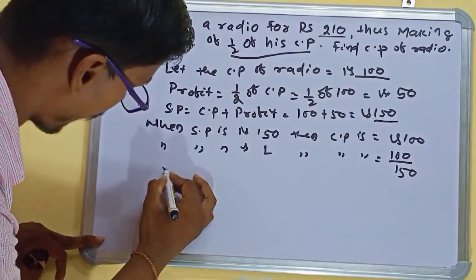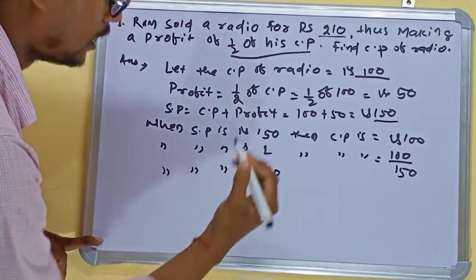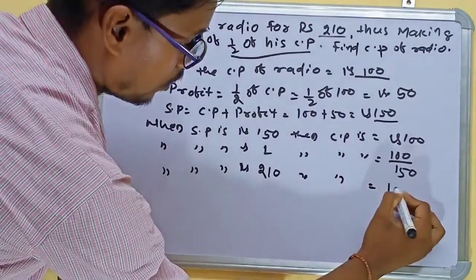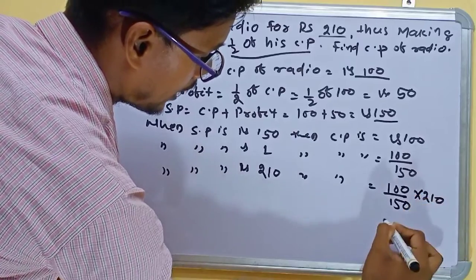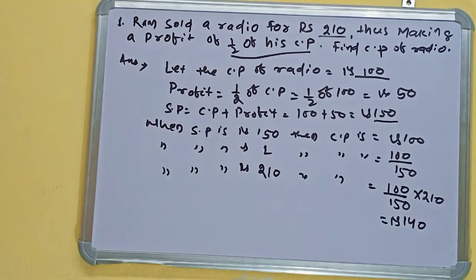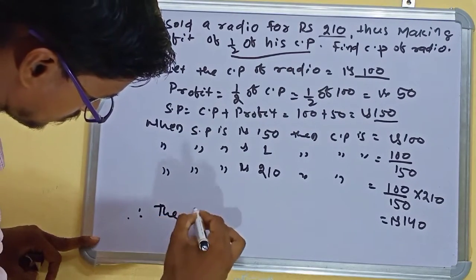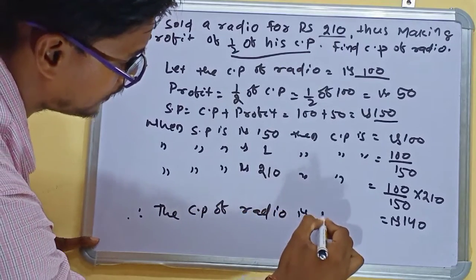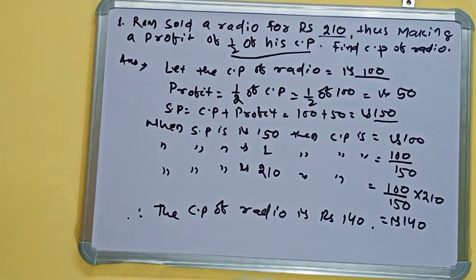So when SP is rupees 210, CP is 100 divided by 150 into 210, equal to rupees 140. The CP of the radio is rupees 140.